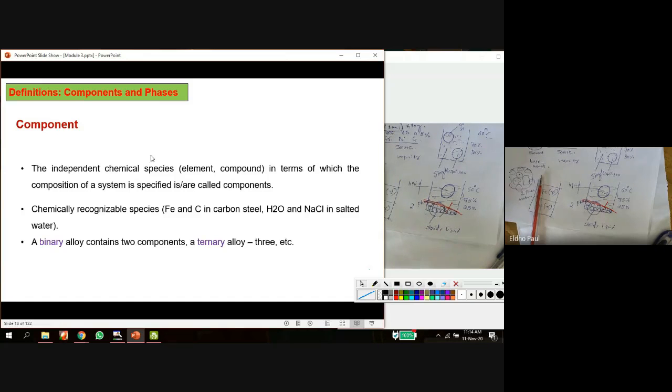So a chemical species can be a compound or an element. In the case of iron and steel, iron is an element, it's not a compound. Chromium is an element. So a component may be an element as well as a compound. The species in terms of which the composition of the system is specified are called components.